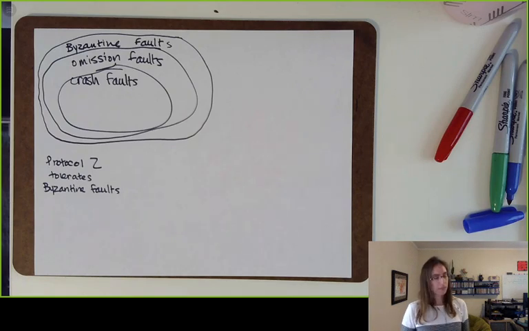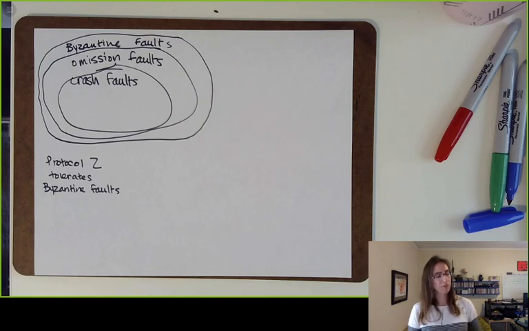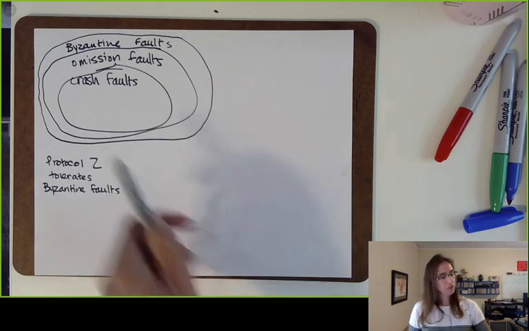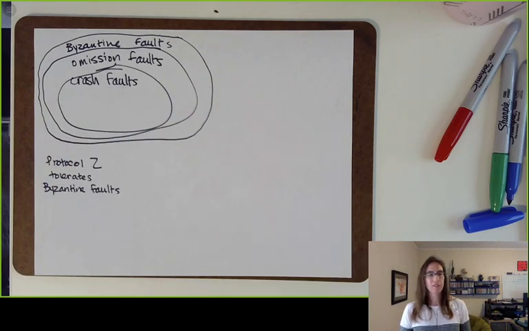So this protocol also has to tolerate these other kinds of faults. So we've got Byzantine faults, which are a superset of omission faults, which are a superset of crash faults. And the reason I left some space in the middle here is because there's actually another fault classification that I left out before. So crash faults, we said before, a process fails by halting.